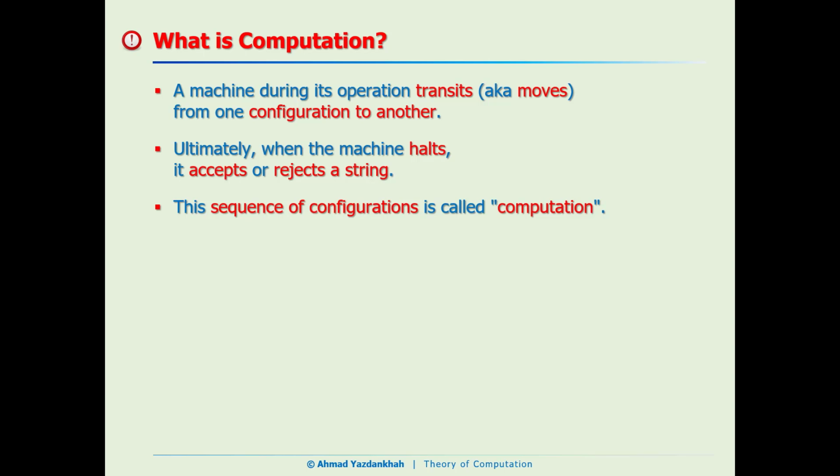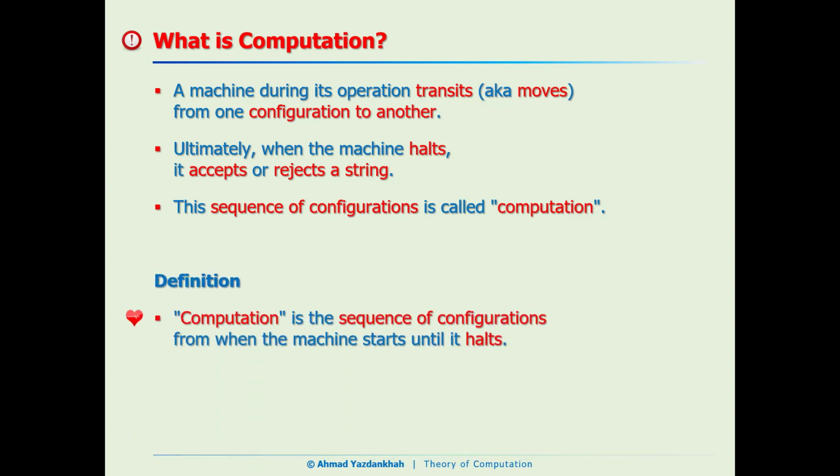So eventually the machine halts, and this sequence of configurations is called computation. You see how beautiful it is? Computation is actually the sequence of configurations from when the machine starts until it halts.